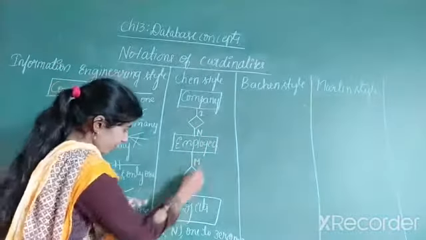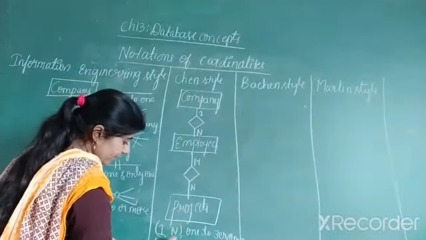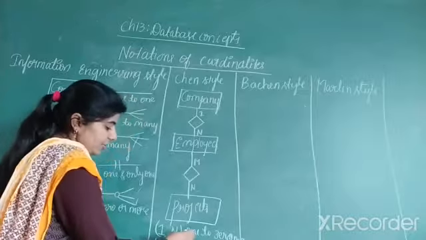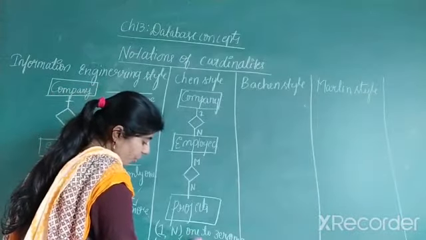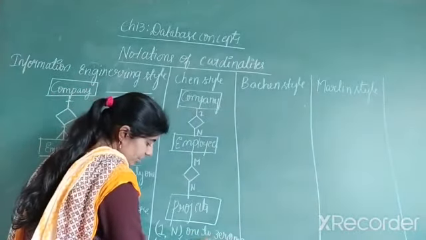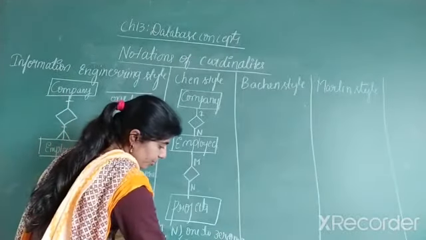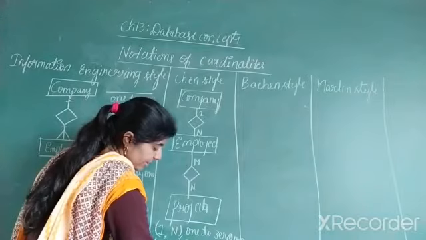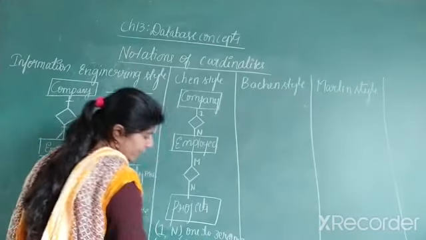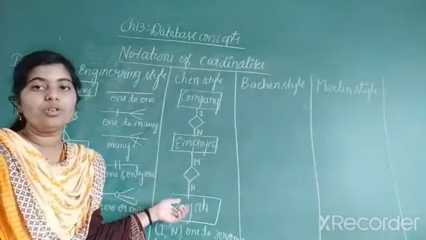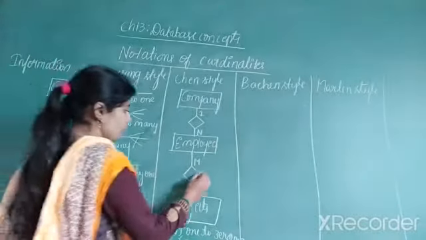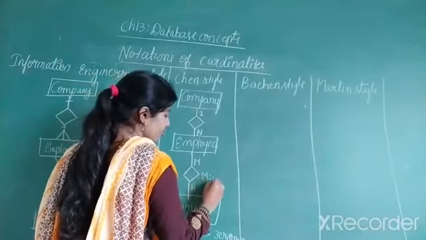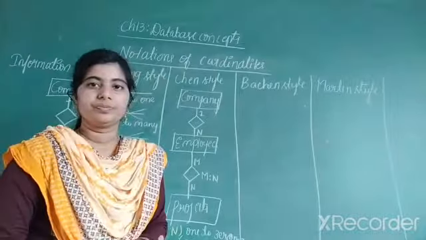And again, if you are writing like this, m, n, so this indicates zero or many to zero or many relationships. Means 0 or more employees can handle 0 or more projects. So this can also be written as m:n.